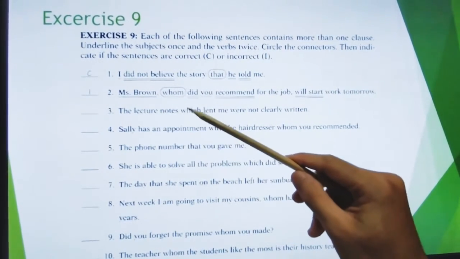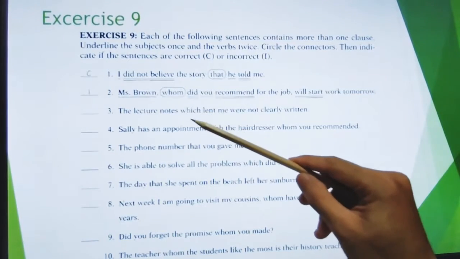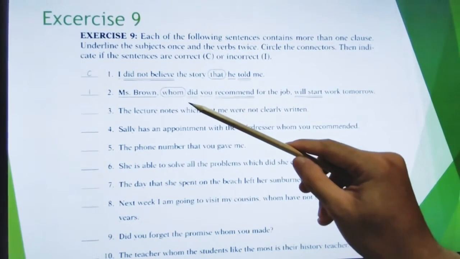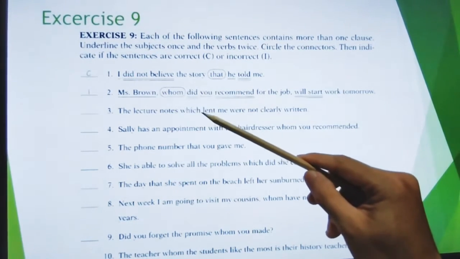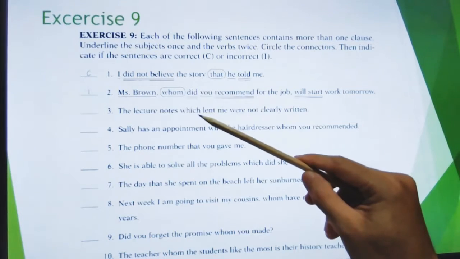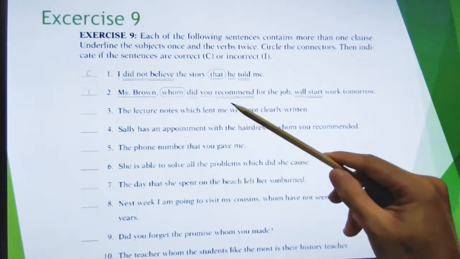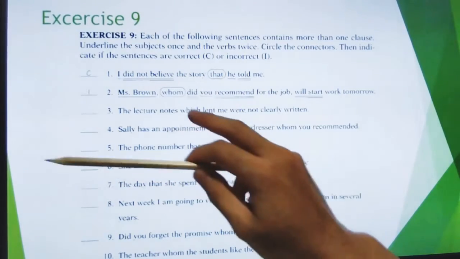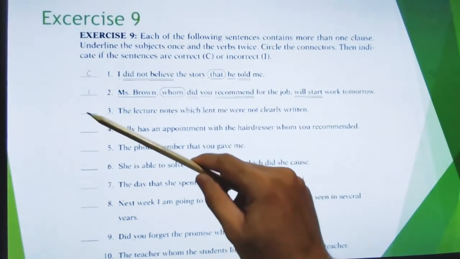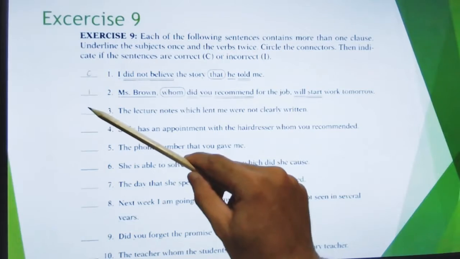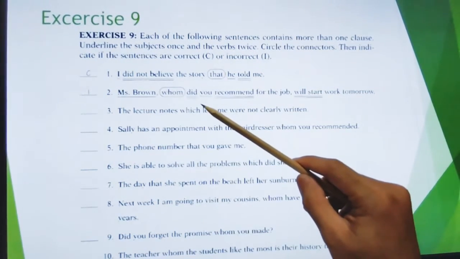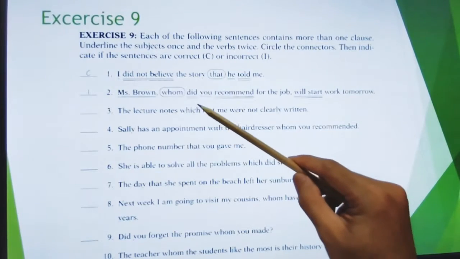The main verb is followed with a connector, make a circle, and it is supposed to be followed with a dependent subject. But where is it? There is none, so you couldn't find it. This sentence is identified as incorrect because there is no dependent subject after the connector.